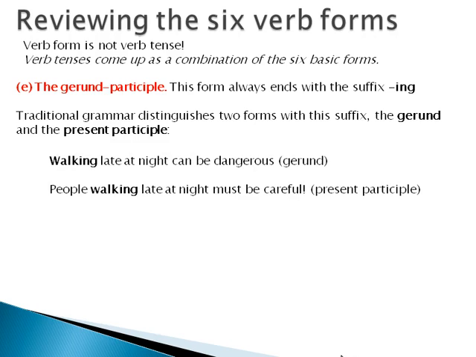Take the case of the gerund. Walking late at night can be dangerous. This gerund is a progressive action. Now, if we say people must be careful, and we split subject and predicate here, the subject is people walking late at night.